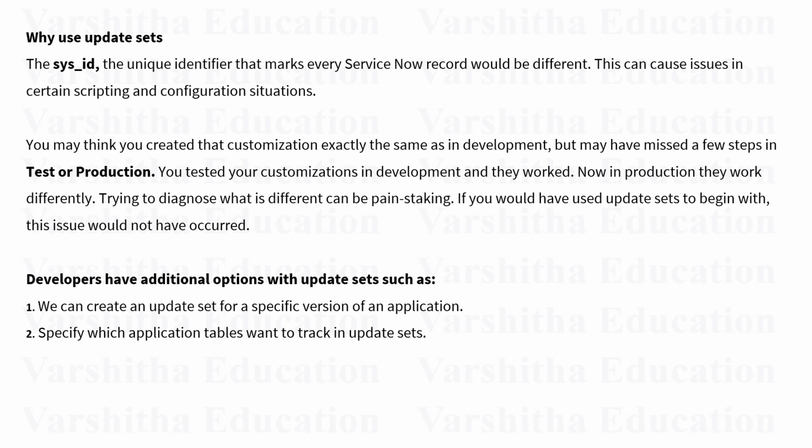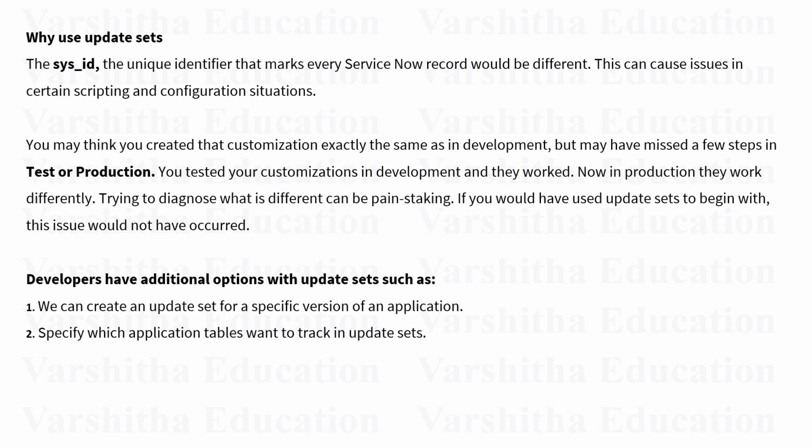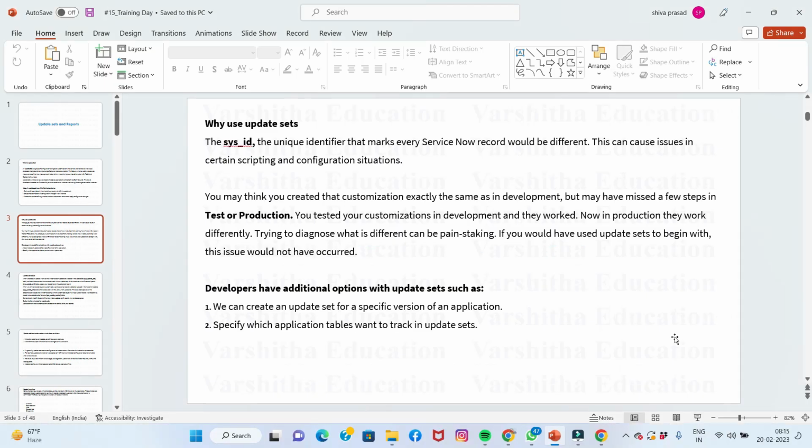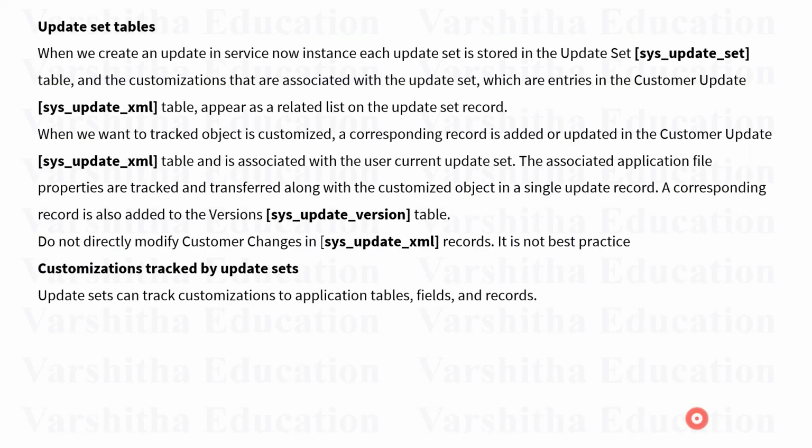First of all, we'll go to the update set and see how it looks, the update tables and everything; I will discuss it in detail. Before going to that, I'll discuss update set tables. When we create an update set in a ServiceNow instance, each update set is stored in the update set table.